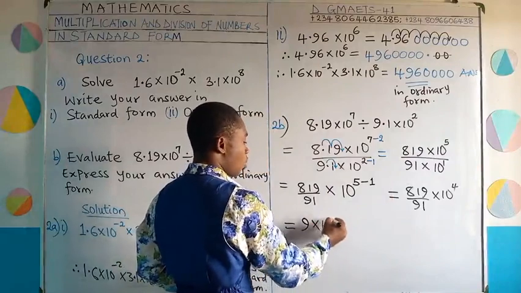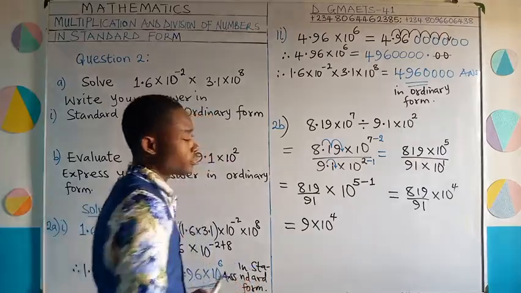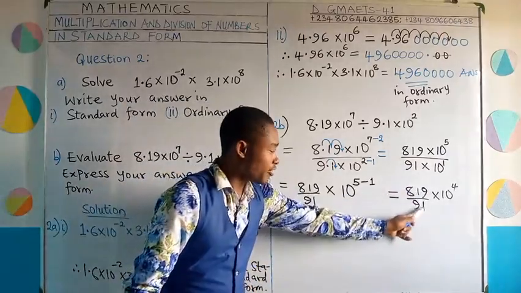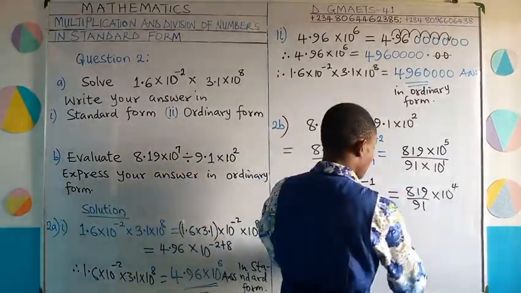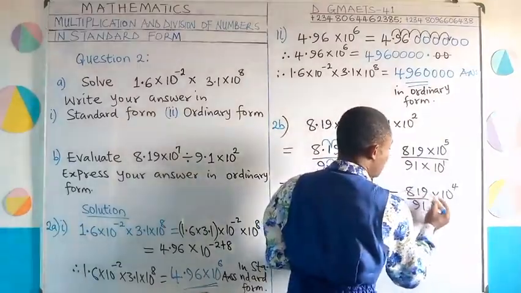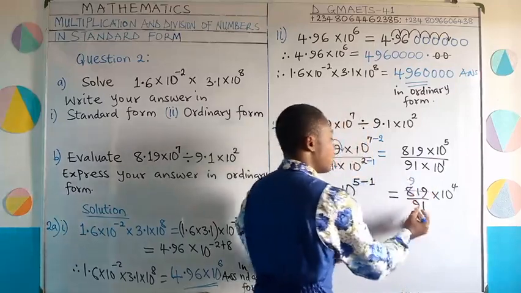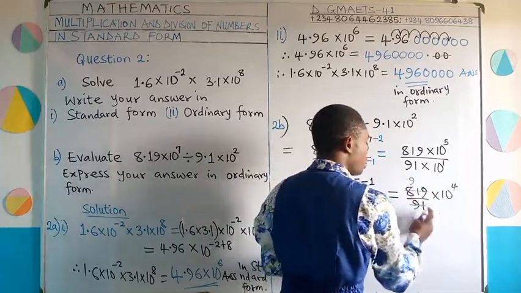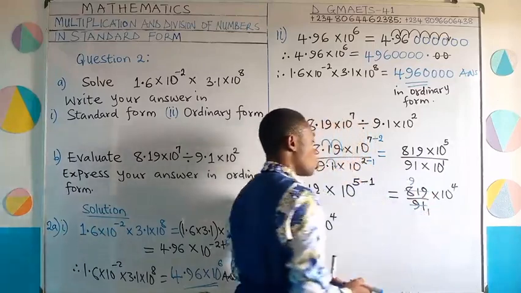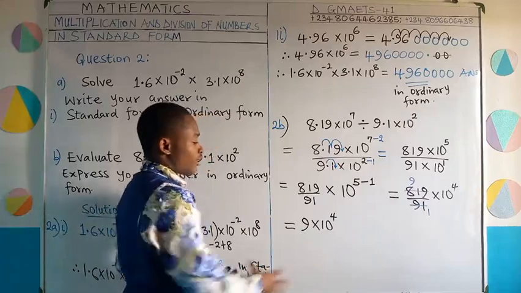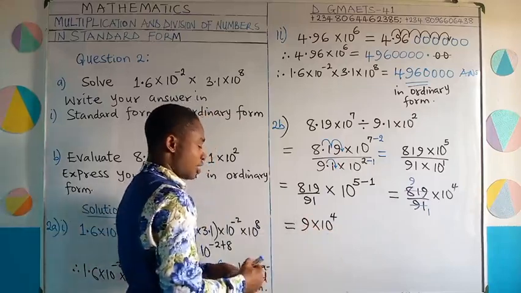So times 10 to the power 4. In fact, let me show the division there. 819 divided by 91 will give us 9. And because there is no remainder, you divide 91 by itself. So 91 divided by 91, you get 1. I've got my answer in standard form.